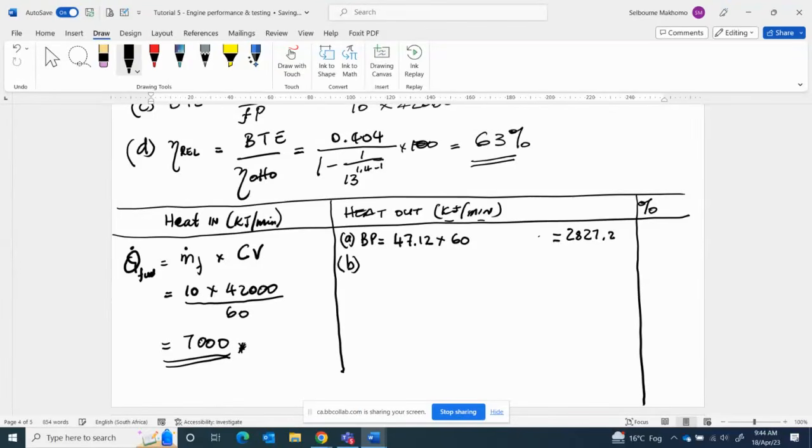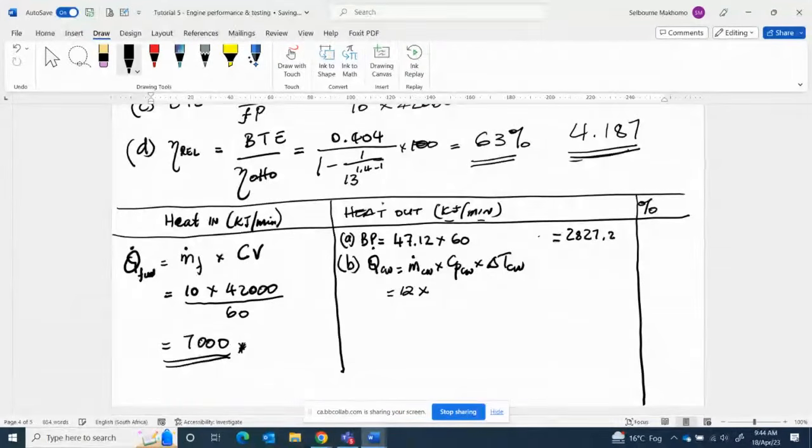The second one, we have to calculate the amount of heat that was absorbed by cooling water. Q_W is going to be the mass of cooling water multiplied by Cp for cooling water multiplied by delta T for cooling water. The mass of cooling water is given as 12 kg per minute, multiplied by Cp for water, which is always 4.187.